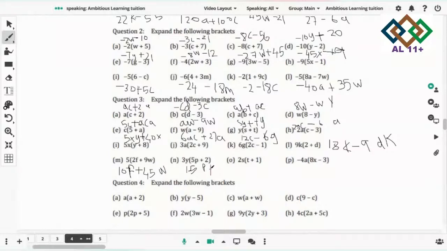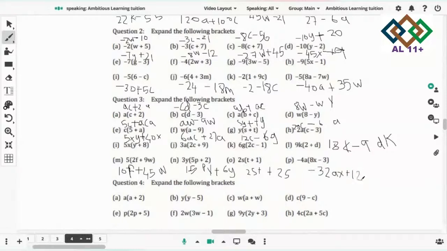15py plus 6y, 2st plus 2s, and this one is minus 32ax.